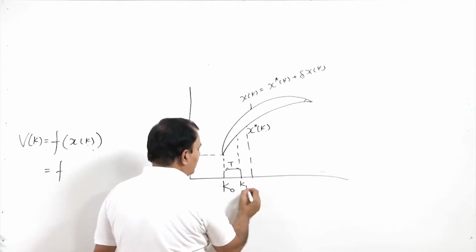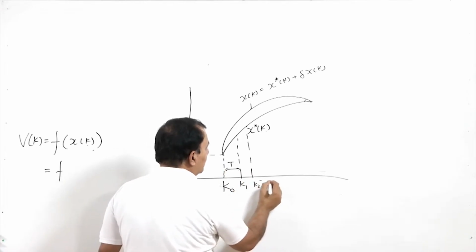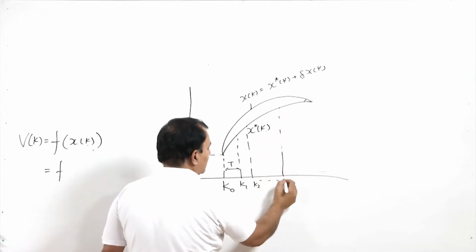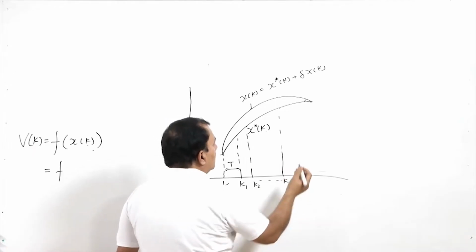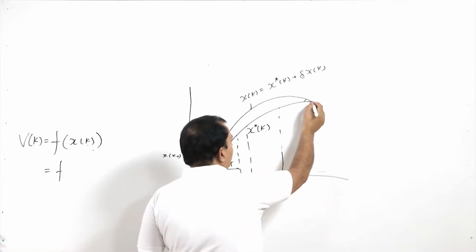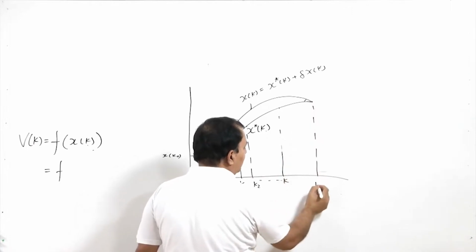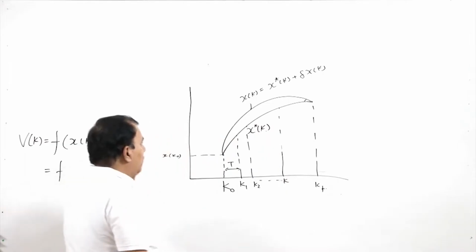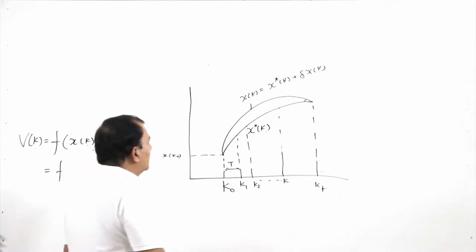Let us say this is k1, k2, k, and my terminal time is up to kf we are considering.